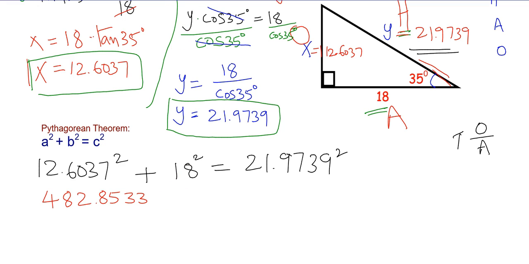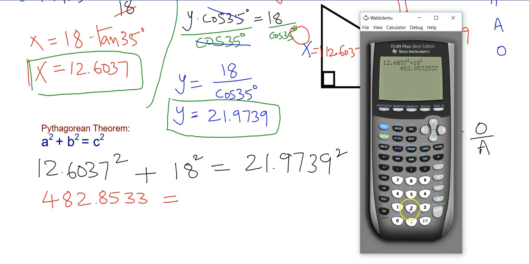Now that must be equal to 21.9739 squared. Let us see. 21.9739 squared is how much?